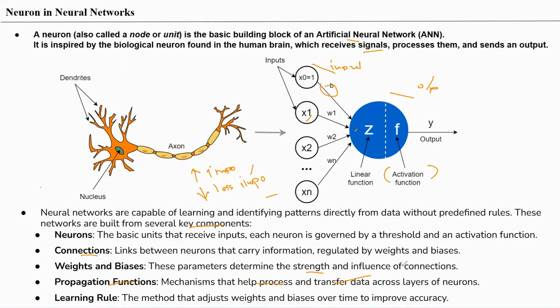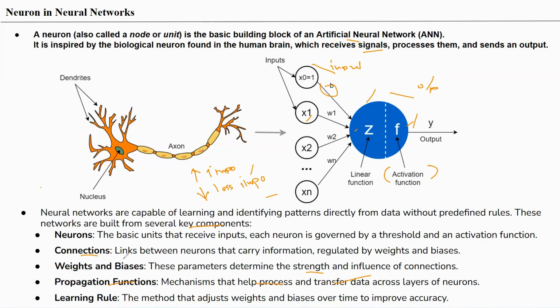It is like a decision: should the neuron activate, should it send a strong signal, should it send a weak signal, or should the output be zero. These kinds of decisions are made through the activation function. Then a neuron also has a summation function. We will discuss this in the next slide.